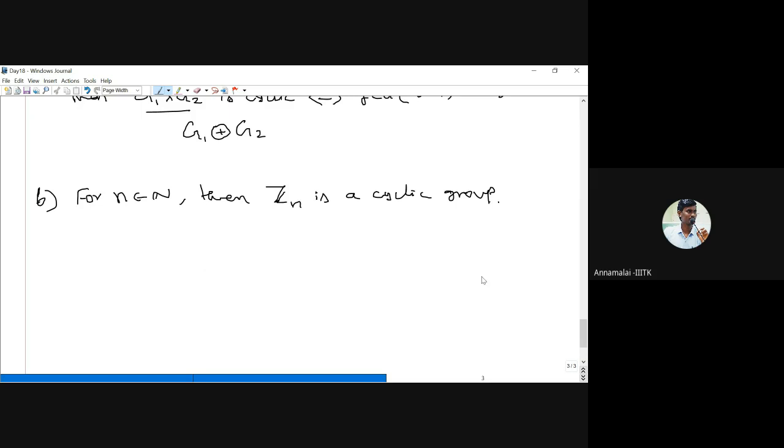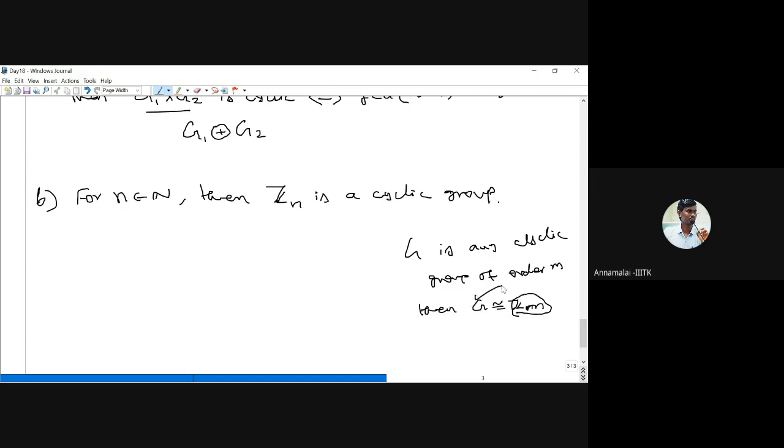Therefore, up to isomorphism, we have only one finite cyclic group of order n, namely Zn. Suppose G is any cyclic group of order m; then G is isomorphic to Zm. If you take any other cyclic group of that order, it is isomorphic to Zm.